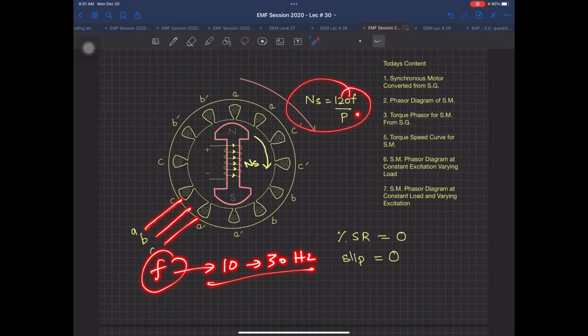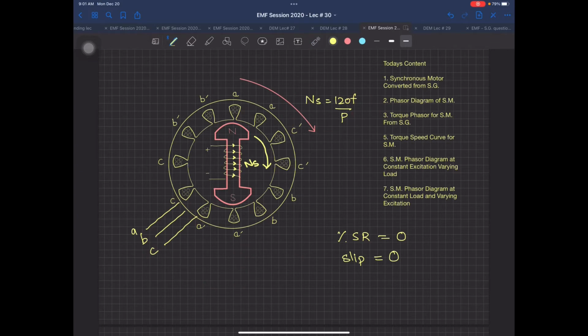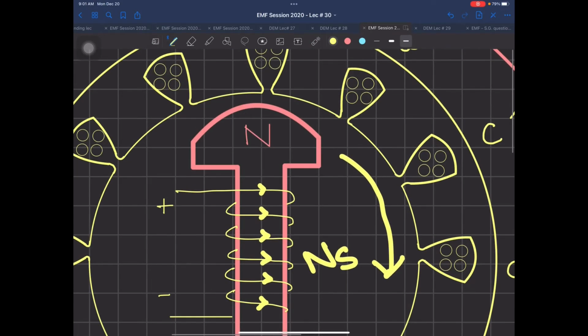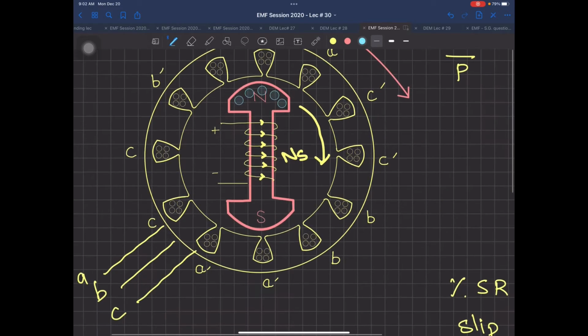But the fourth one is the most expensive one and the most commonly used, which is actually that on this rotor, now see this very carefully what I am going to do over here, I am going to install on this shaft of this machine another type of winding, and this winding is going to be also placed on this south pole.